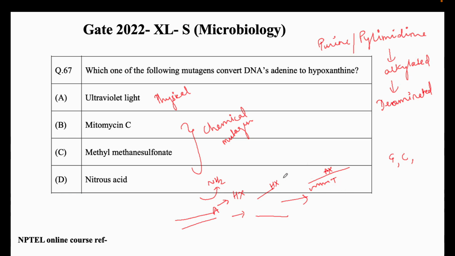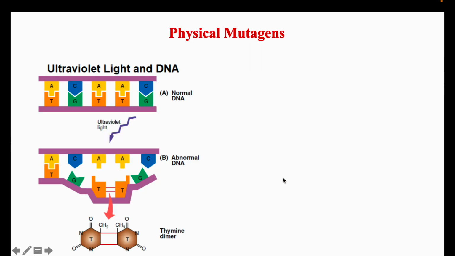So we'll look one by one into all these different mutagens. First we have ultraviolet light. Ultraviolet light is famously known to create pyrimidine dimers. We are familiar with the term thymine dimers, right?